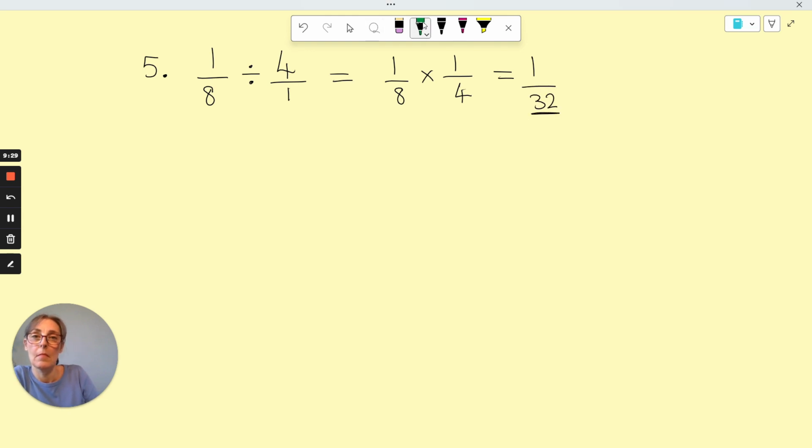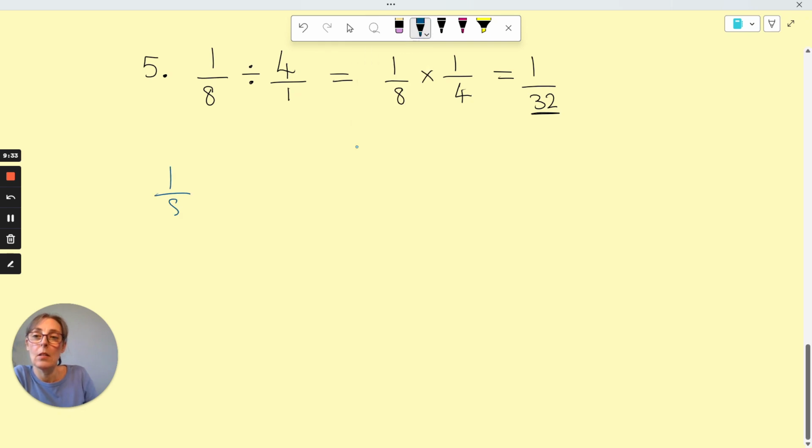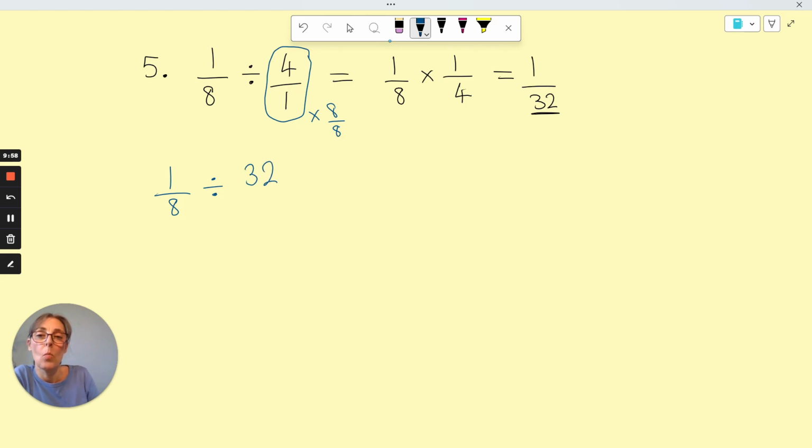Okay. So now we've got 1/8 divided by, we've got to multiply that by 8 eighths. 4 8's are 32. 1 times 8 is 8. Now we've got 8 at the bottom, so it's 1 divided by 32.